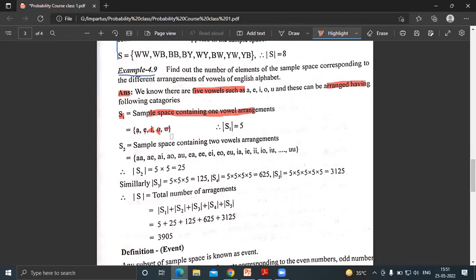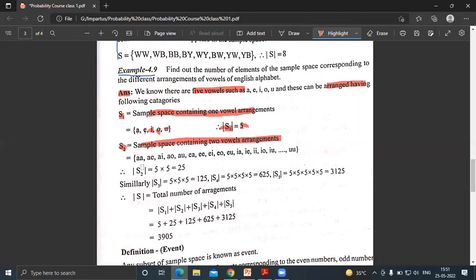If we write it in one set, then this is the sample space. Since I'll solve another sample space, I'll write this sample space as S1, and its cardinality is 5. Similarly, S2 is the sample space containing arrangements of 2 vowels.